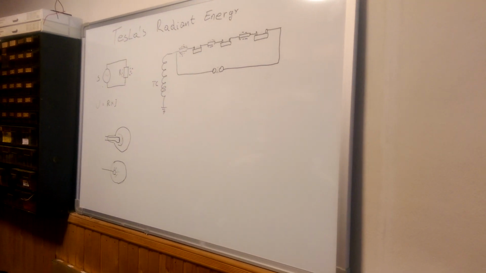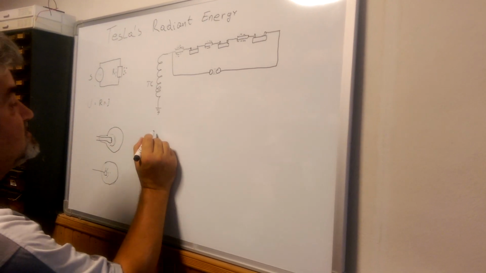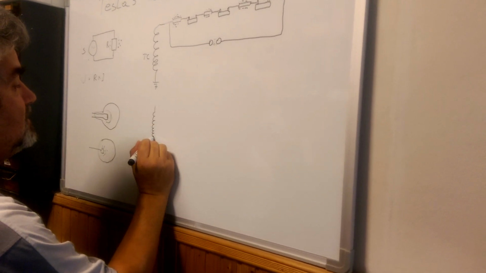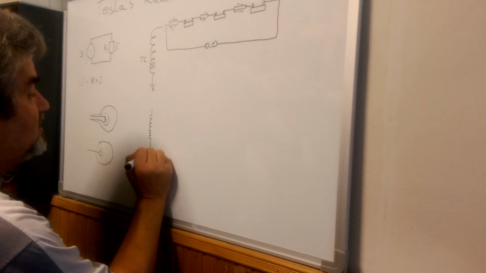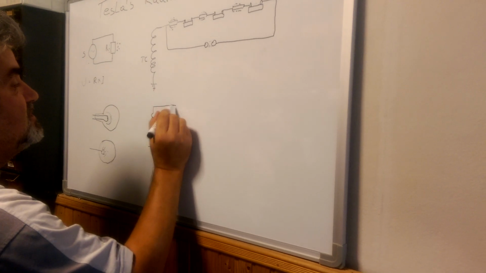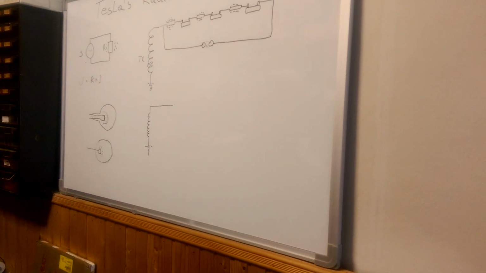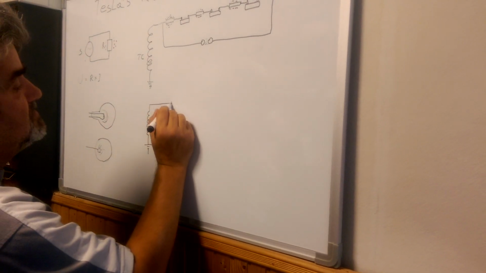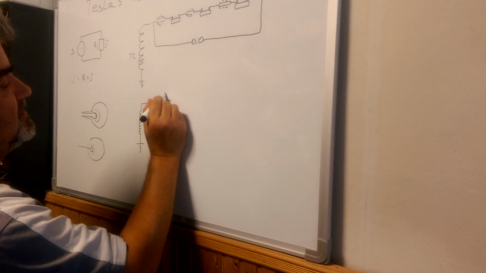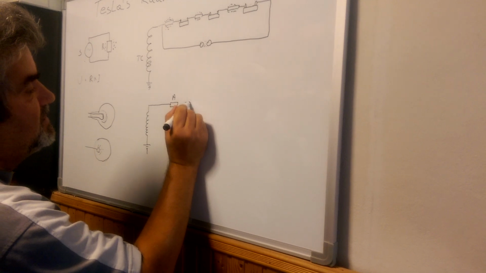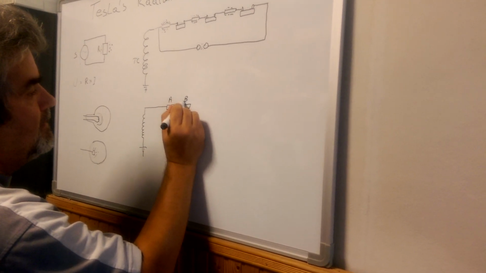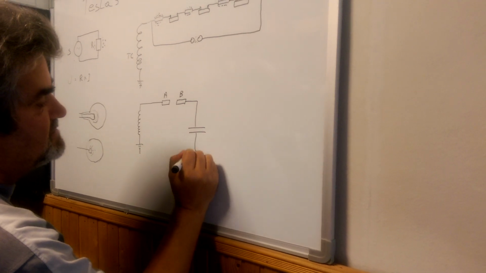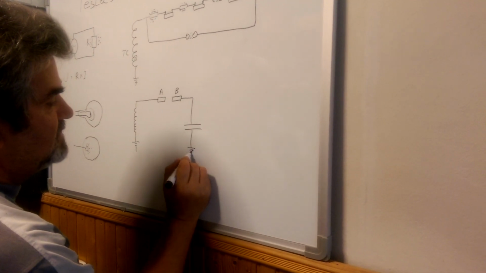Then I tried to see whether some material can increase charging of the capacitor this way. Let's say it is material A, it is material B, and this is the collecting capacitor.